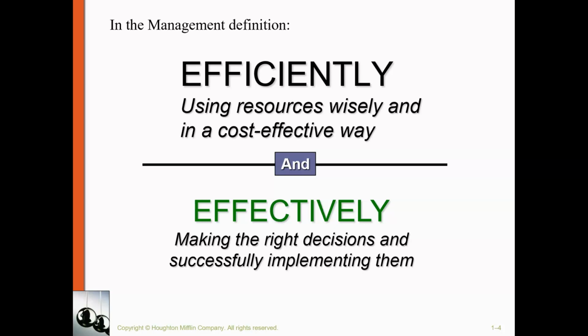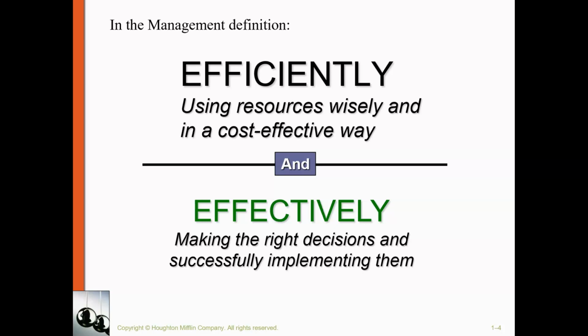For instance, I might be the most efficient production facility for making, let's say, black and white TVs. That's great, but if no one wants to buy a black and white TV, right, then that's not an effective decision. I'm not being effective because there's not a market for the product that I can make really efficiently.